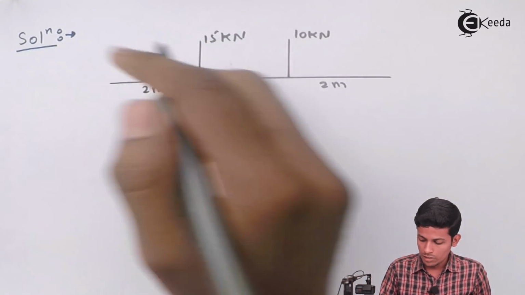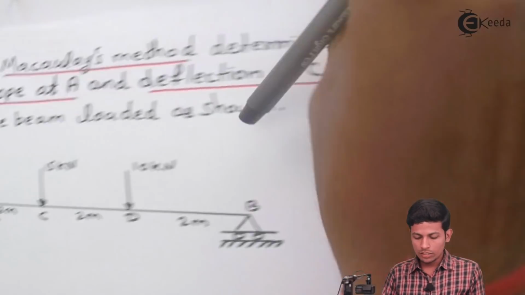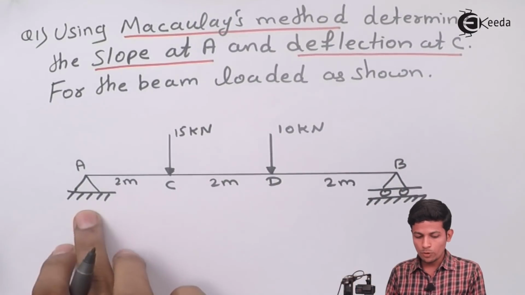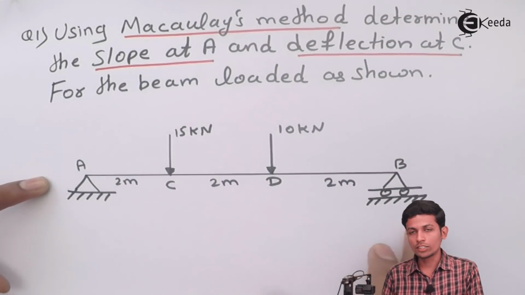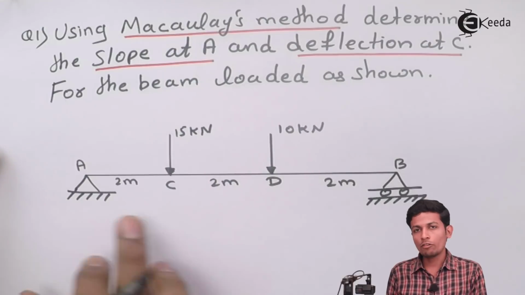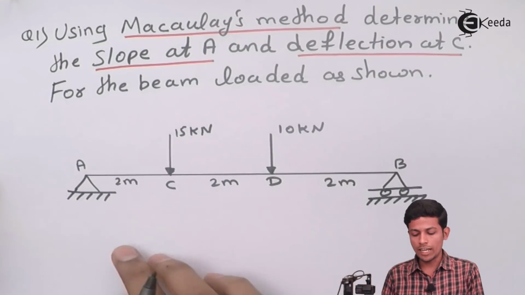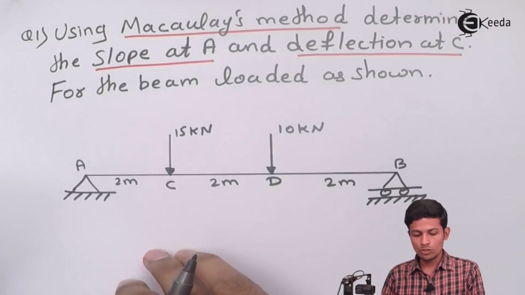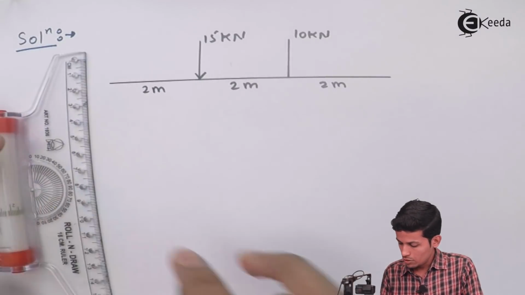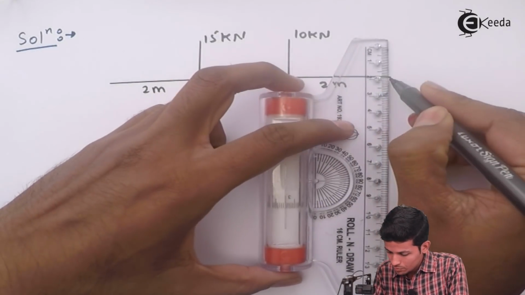Now this is a hinge support. It has two reactions, horizontal and vertical. This is a roller support with one reaction. But we are solving a beam, that's why we don't need the horizontal force. So first draw it like this.